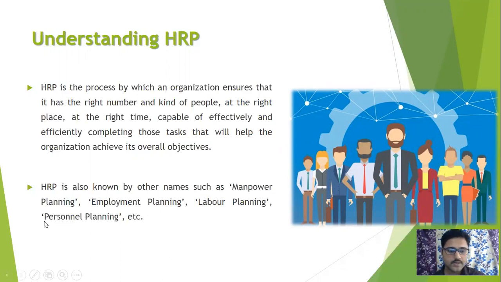We can use the terms manpower planning, employment planning, labor planning, personnel planning. These terms are used for human resource planning, but human resource planning is the most popular term nowadays. It has become a buzzword in the organizational context.